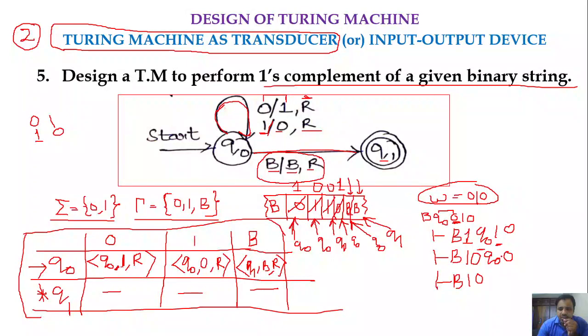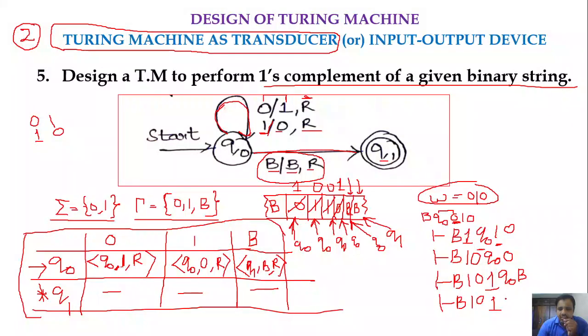Next one, blank 1 0. Q naught on 0 means we replace that 0 with 1 and move the head towards right, and we stay in the same state Q naught. After 0, we will get blank. In Q naught, if we get blank, we replace that blank with blank and move the head towards right.